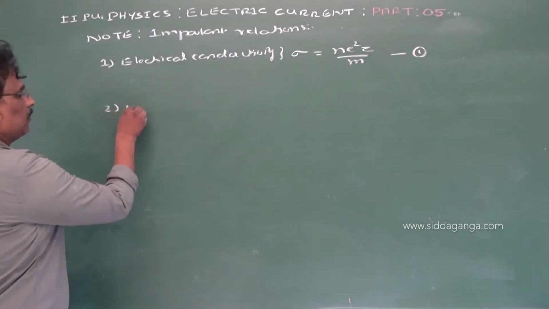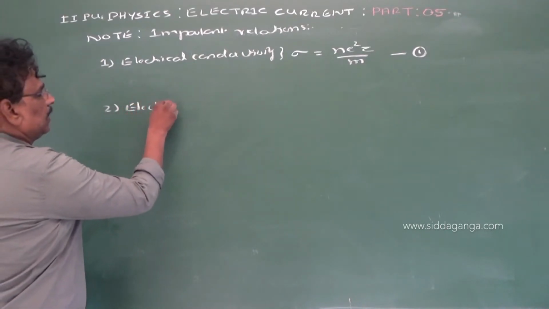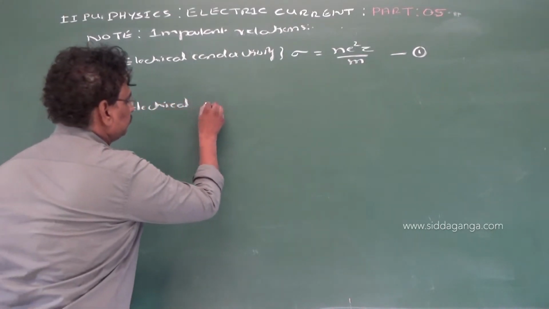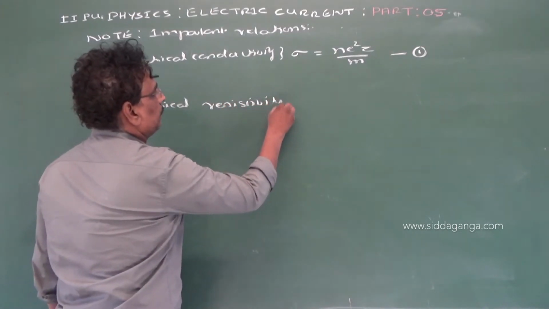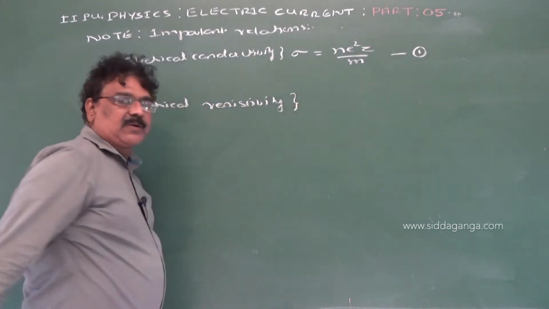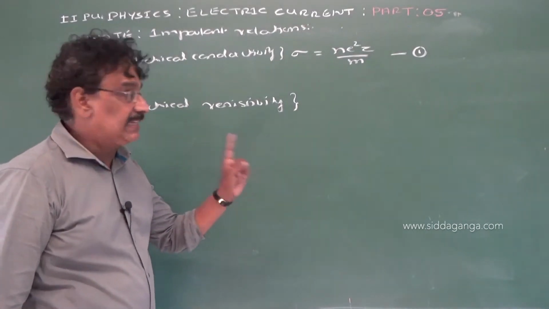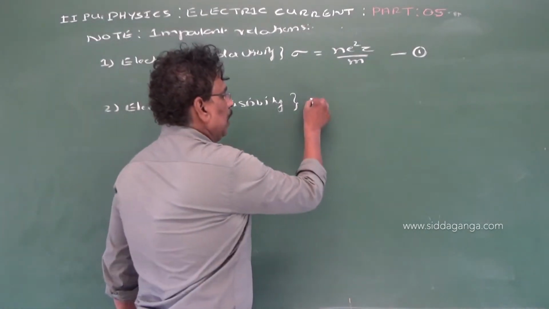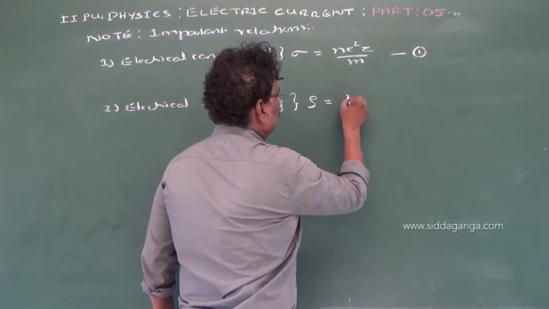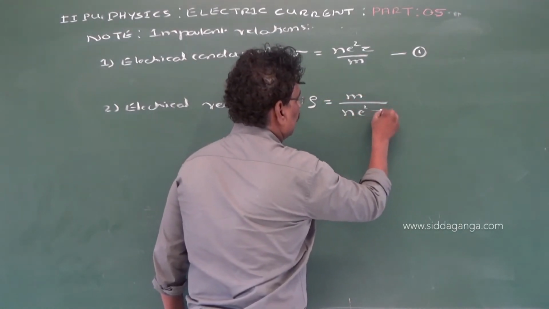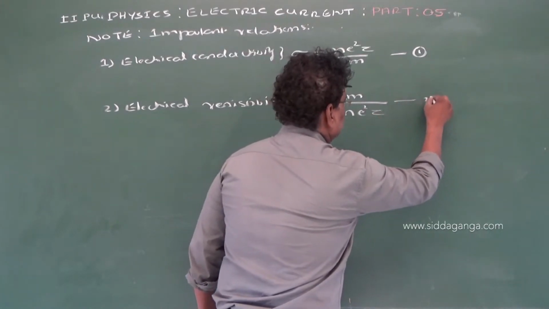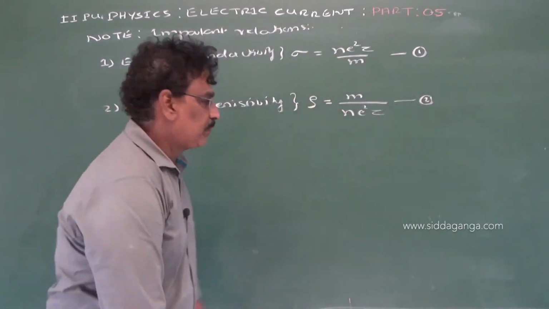Number 2, we have electrical resistivity. It is also called specific resistance. Rho is equal to m by n e square tau. Let us take it as equation 2.